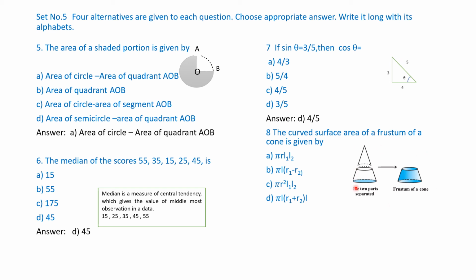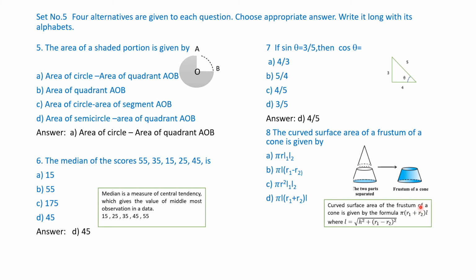The frustum of a cone is when a cone, as in this diagram on the left side, is separated into two parts. When we remove the upper part, the bottom part is the frustum of a cone. The curved surface area of the frustum of a cone is given by the formula pi into R1 plus R2 into L, where L is equal to the square root of h square plus R1 minus R2 square.